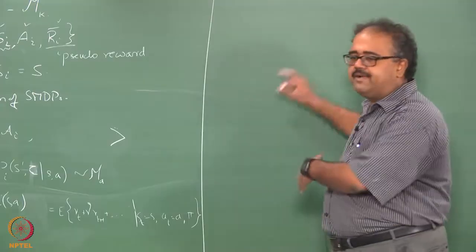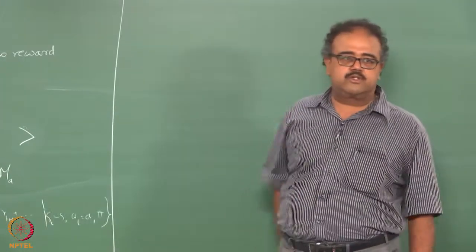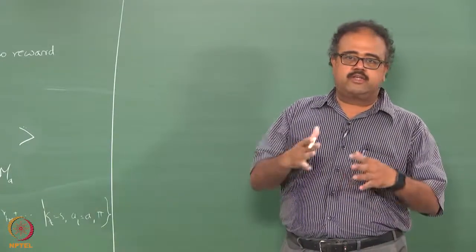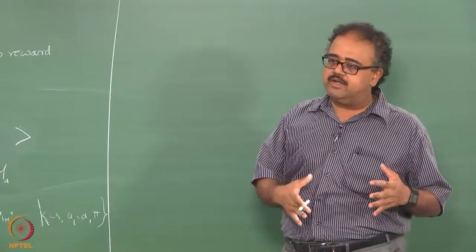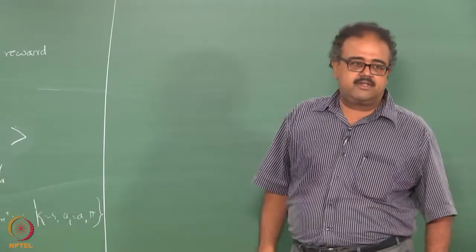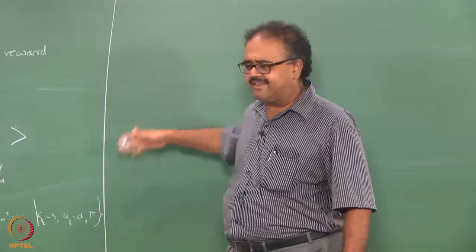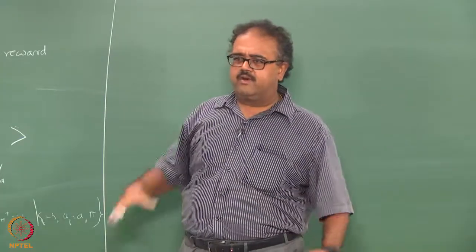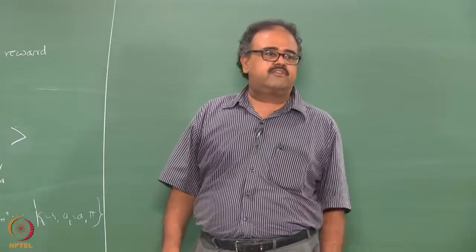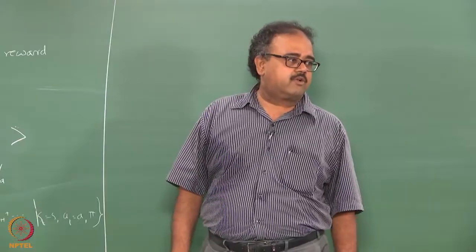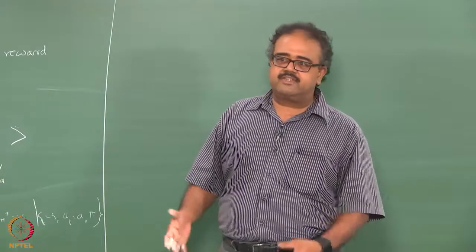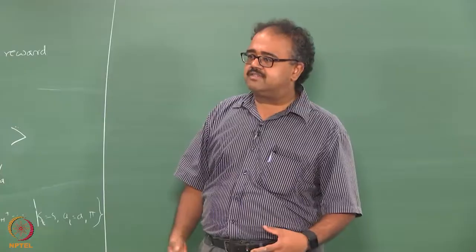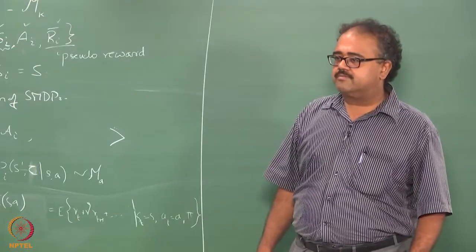So most of the development that I will show you now is without the pseudo reward, and how you do the corresponding things along with the pseudo reward, I am going to ask you to read the paper. Essentially you will have to maintain a second value function throughout. One value function uses only the core MDP rewards, and another value function is used only internally to the subtask, which uses the pseudo reward as well.